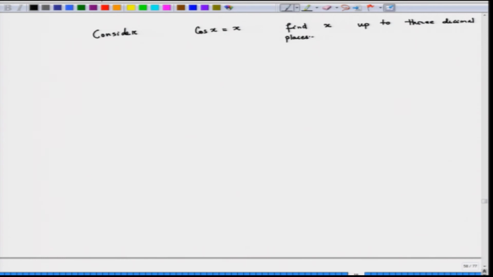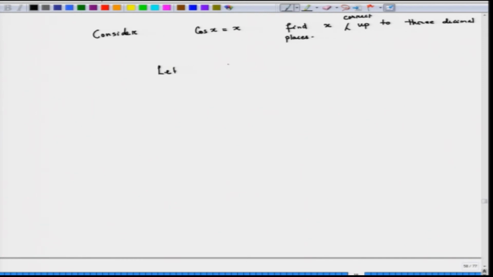That means we are going to apply Newton's method and we will stop at the stage where we get the repetition of the first 3 decimal places.